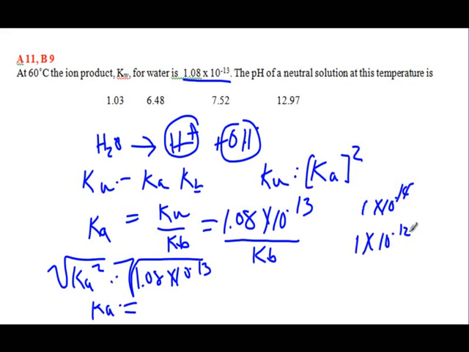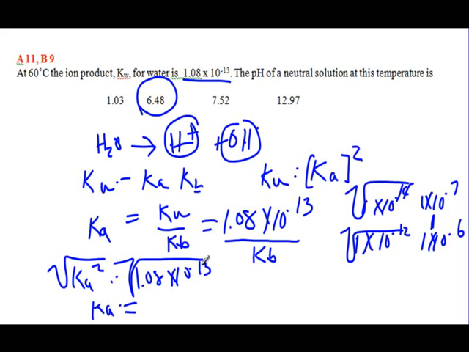So if I had 1 times 10 to the minus 14 and I was taking the square root of that, that's of course 1 times 10 to the minus 7. If I was taking the square root of 1 times 10 to the minus 12, it's going to be 1 times 10 to the minus 6. So shouldn't my answer be between these two? And there's only one number here that is, in fact, between these two. And it's going to be that one. Okay.